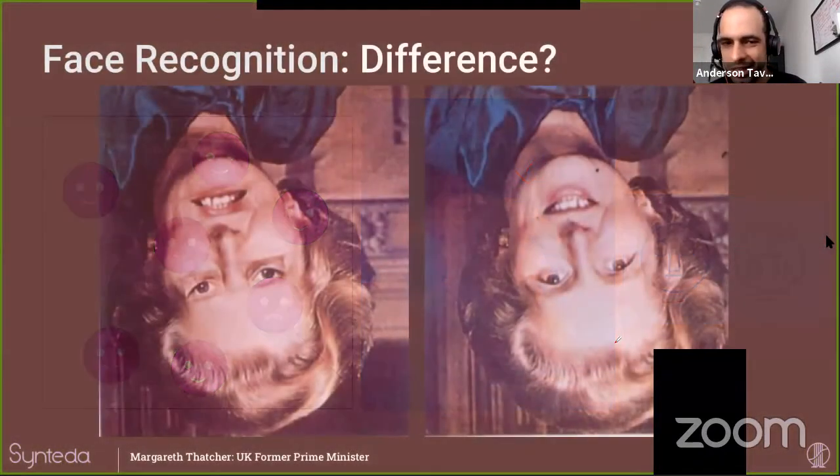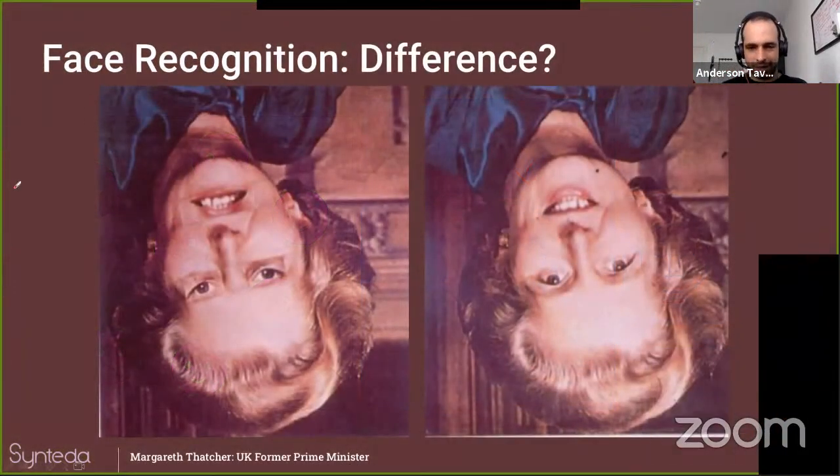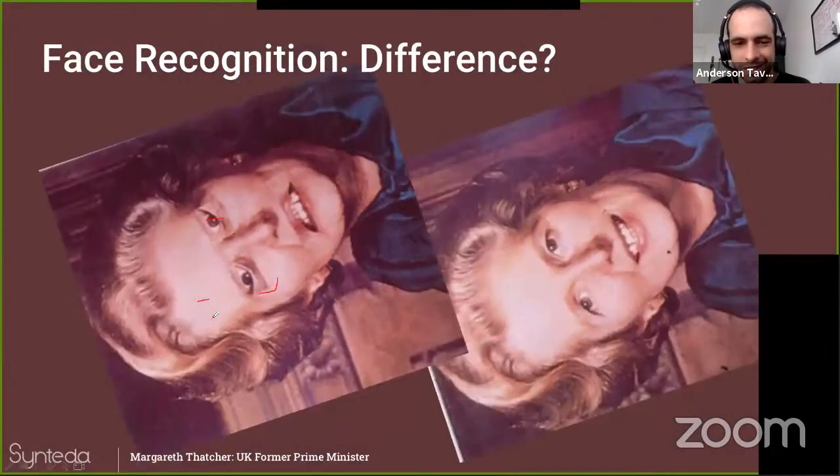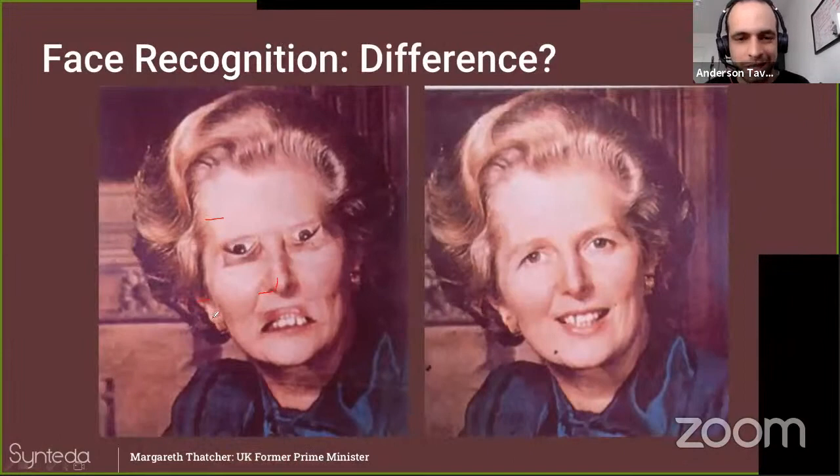There's another illusion here. Can you see the difference between those images? This is a known face. You can see that the eyes in that left image are rotated, but it seems kind of reasonable. And the mouth here is also rotated, but the differences become really larger when we see it in the correct orientation.